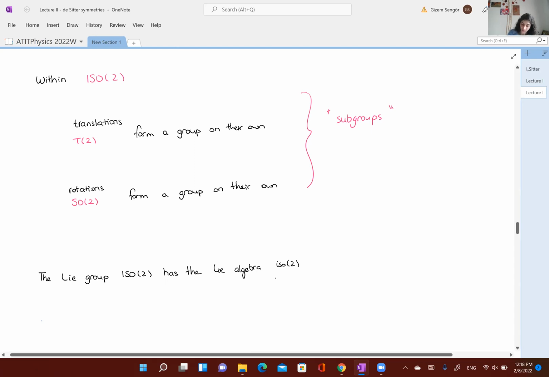So these smaller lowercase letters, ISO2, denote the Lie algebra of the Lie group ISO2. I feel like you can keep thinking of these.